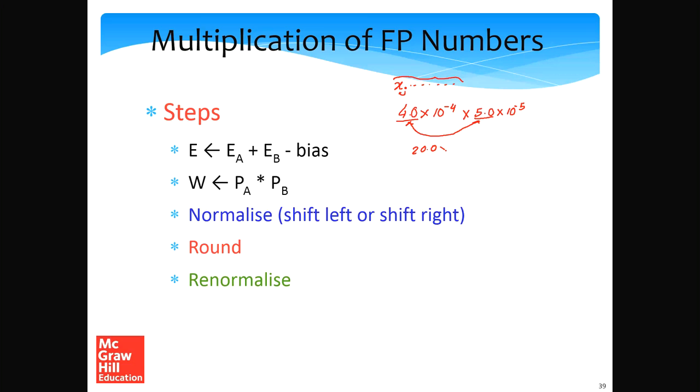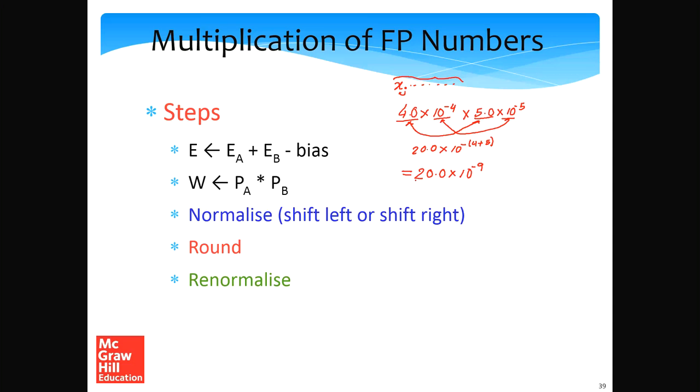Then we multiply these two exponent terms, so we basically add the exponents, minus 4 and minus 5. So what we'll get is 20.0 times 10 to the power minus 9.